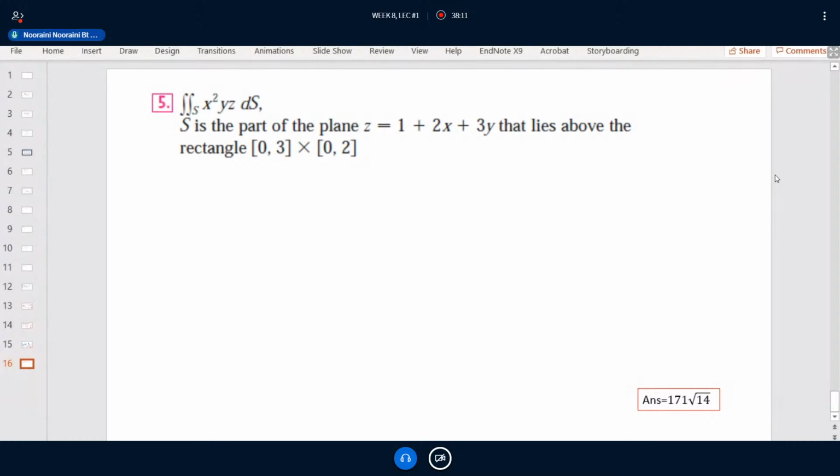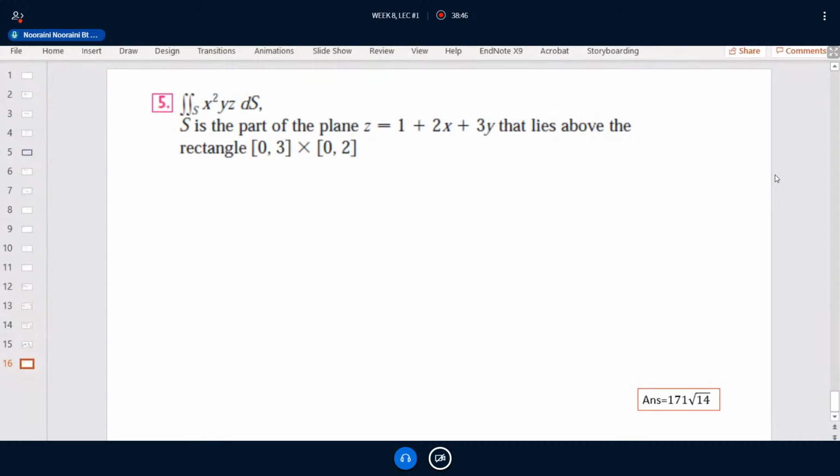Okay, this is another example. Maybe you can try later to test your knowledge. The answer is 171 square root 14. I just give you the hint here: this one cannot split. You need to integrate one by one, whether you integrate with respect to x first or with respect to y, up to you, because our limits of x and y are numbers, 0 to 3 for x, 0 to 2 for y.